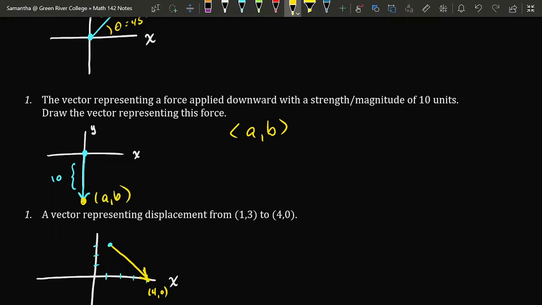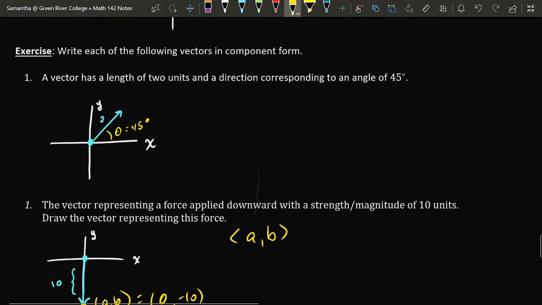Now in the second exercise, the arrowhead is relatively easy to locate. The arrowhead is 10 units directly downward, so the x and y coordinates would be equal to 0 x's and negative 10 y's.